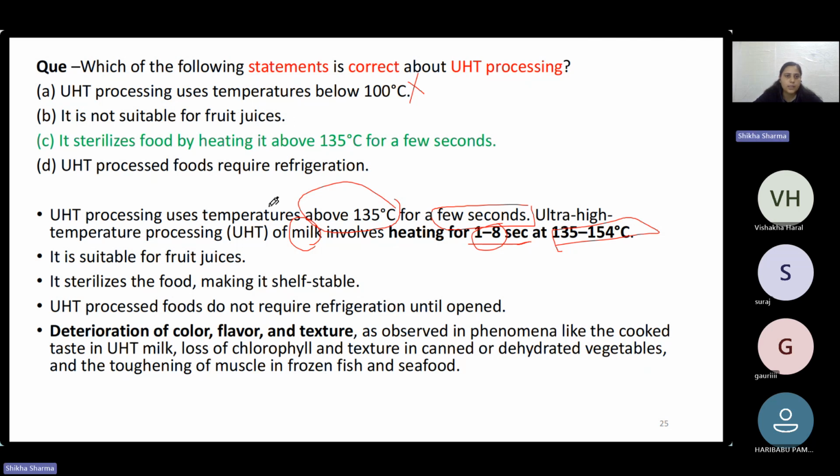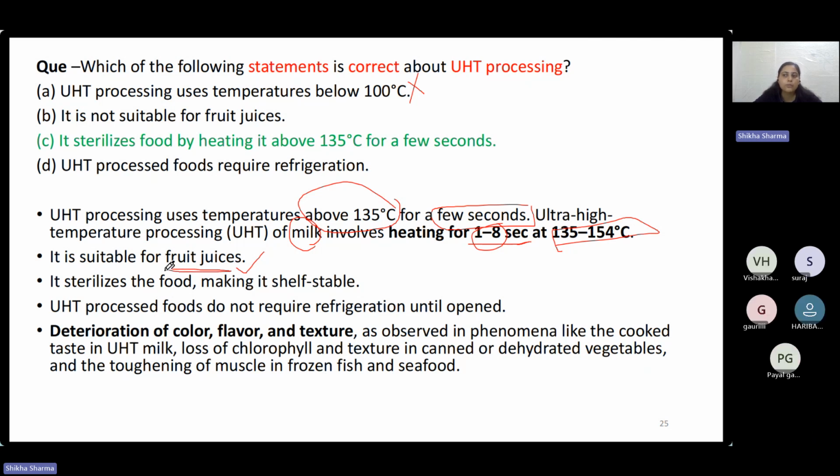And B is saying it is not suitable for juices. Is it suitable for juices? Sometimes in citrus juices, where limonin is the compound, while processing the juice can become a little bitter in taste. And in UHT milk, which has a shelf life of around 6 months at ambient conditions, they have a burnt kind of flavor.